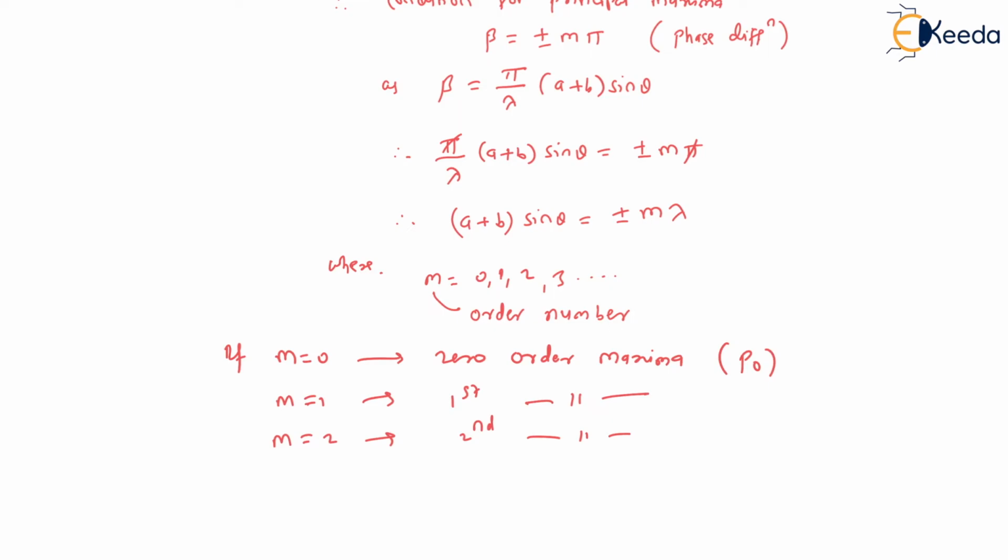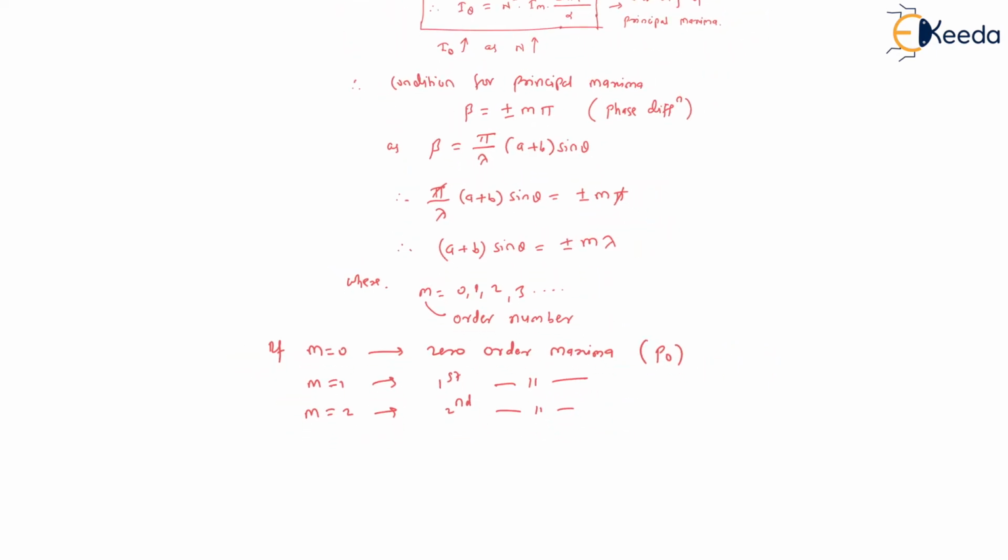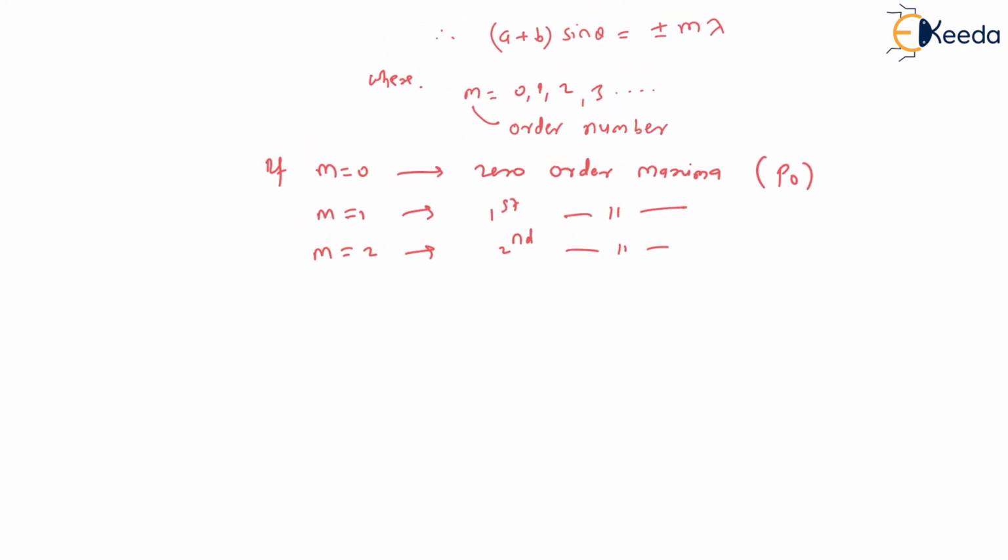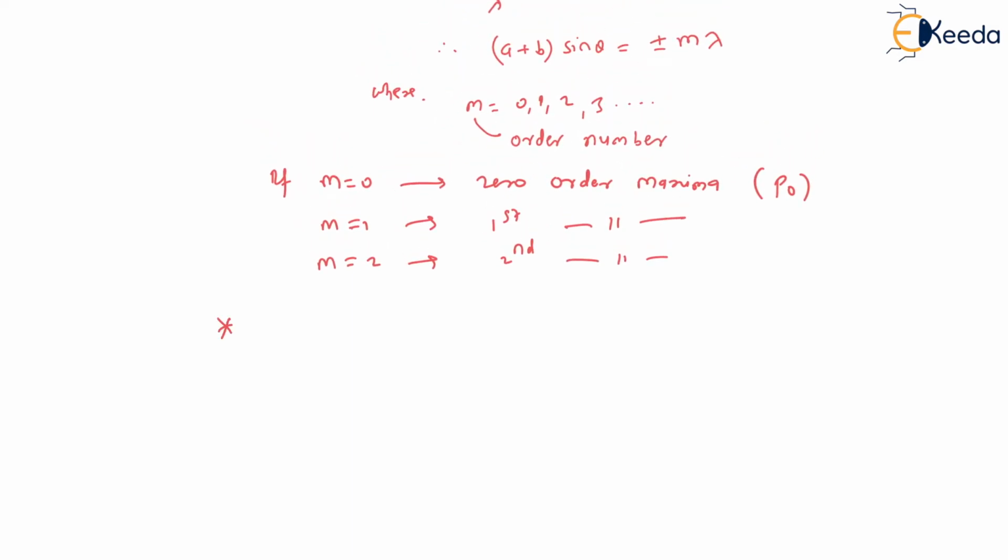One more thing over here, I'll write the note, remember this: if the number of lines on the grating increases, then what will happen? Ultimately the value of a plus b will decrease, because a plus b is the distance between two successive midpoints.